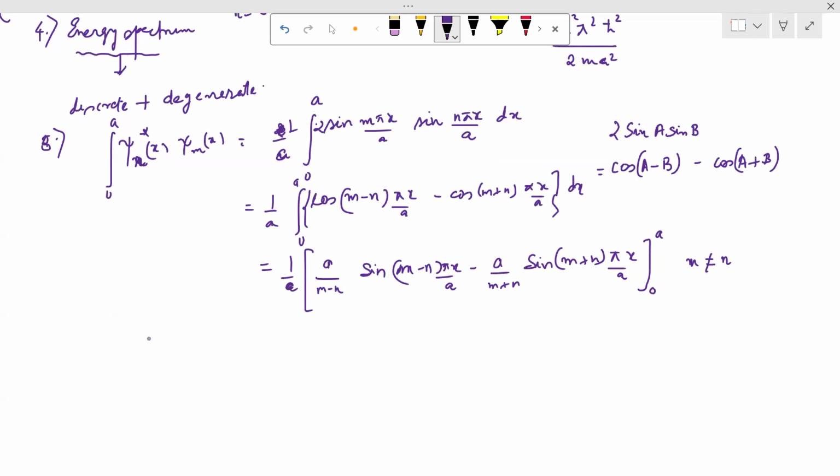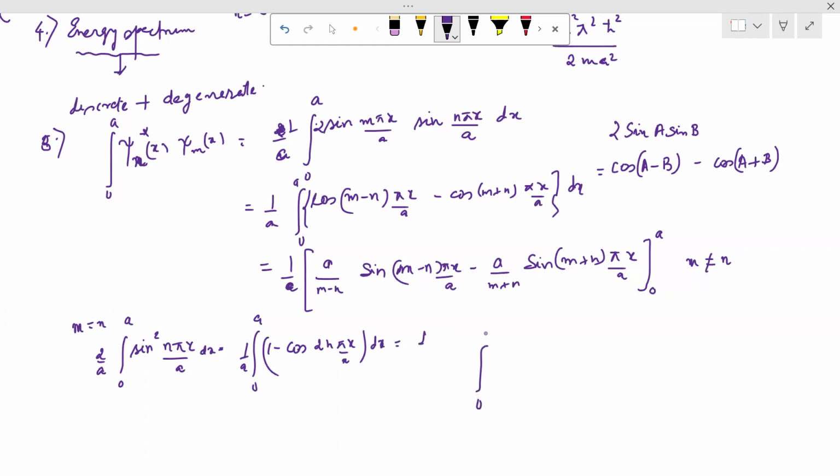And if you place m equals n, then it is equal to integration 0 to a of sine square n pi x upon a dx, with the 2 by a, so 1 upon a, 1 minus cos of 2n pi x upon a dx, and this will certainly give you 1. So clearly, the integral from 0 to a of psi n star x psi m x dx is equal to 0 if m is not equal to n, and it is equal to 1 if m is equal to n.